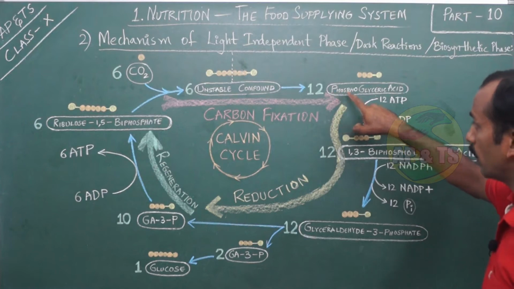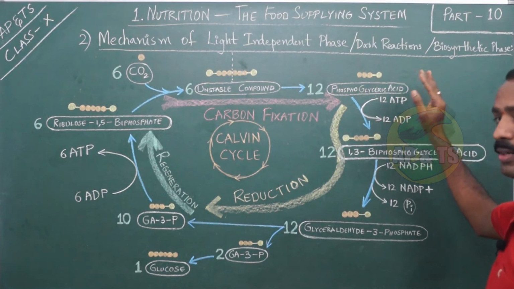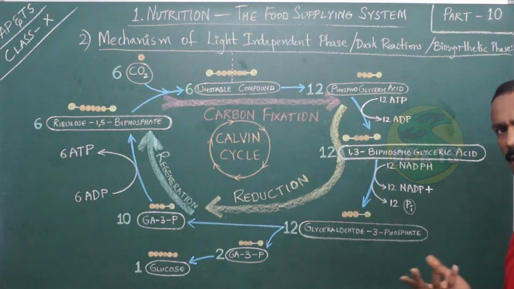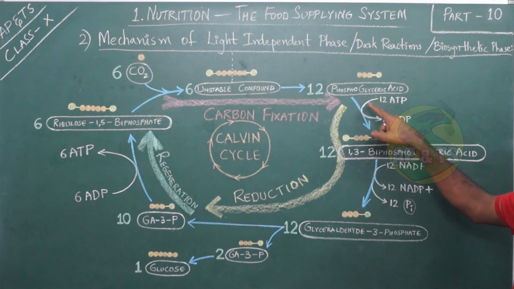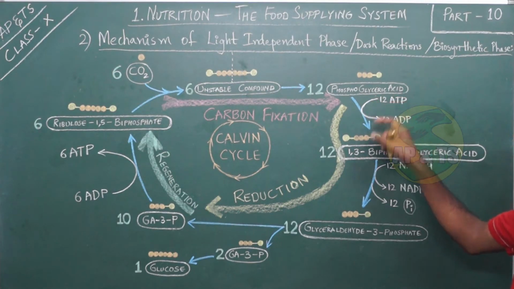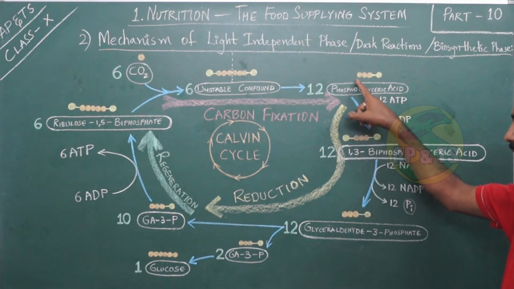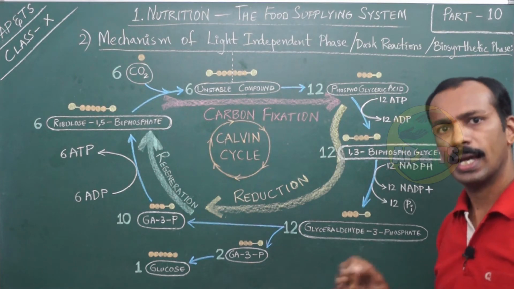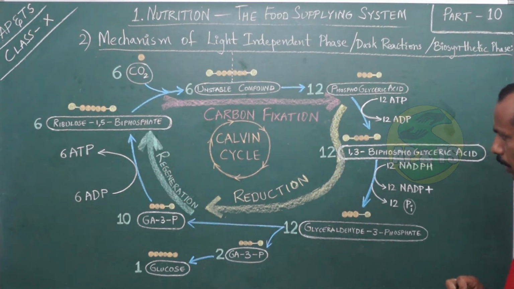Like that, if 12 molecules of PGA are converting to 12 molecules of 1,3 biphosphoglyceric acid, then how many ATPs do you require? 12 ATPs. So 12 ATPs are converted to 12 ADP, and the remaining 12 phosphates are attached to this and converted to 1,3 biphosphoglyceric acid. Okay children, right.